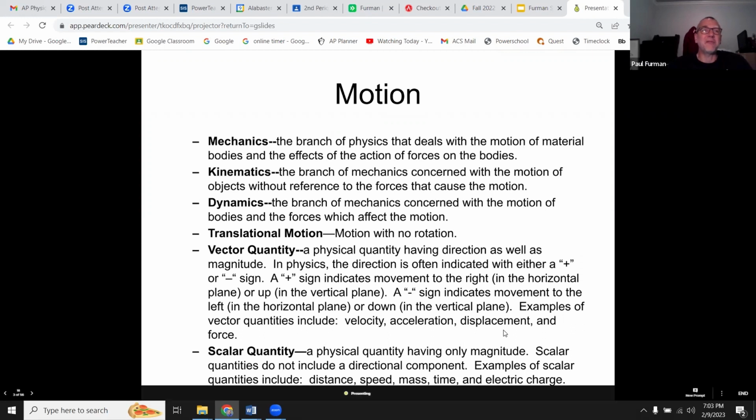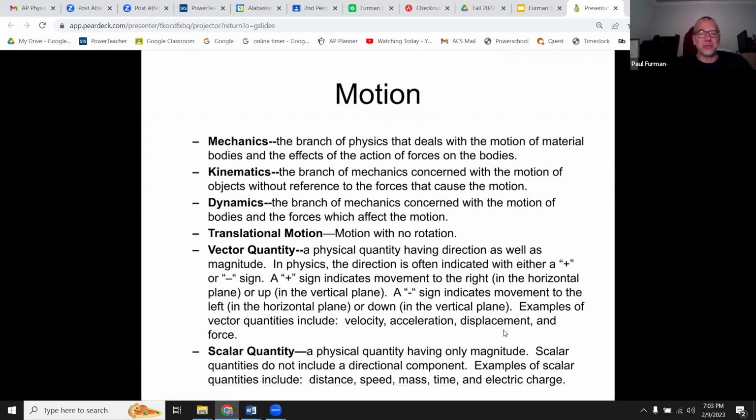Displacement is how far am I from where I started. So if I travel 3 meters forward and 3 meters back, I traveled a total distance of 6 meters. My displacement is 0 because I'm right back where I started. Mostly we're dealing with the vector quantities, but occasionally you'll see a question that checks to see if you understand the difference between the scalar and the vector.